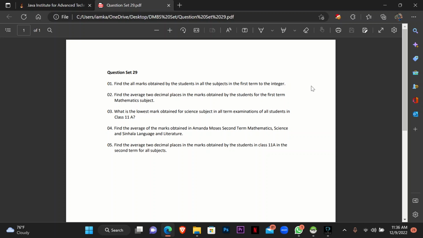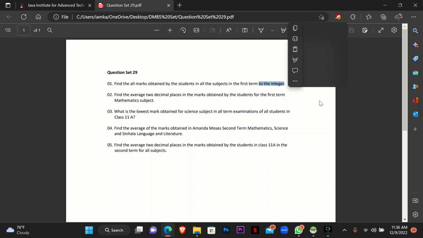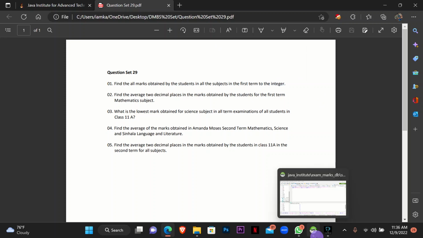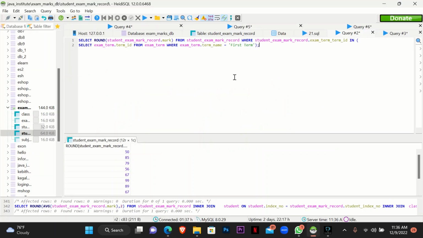When talking about the question, they are asking to find all the marks obtained by the students in all the subjects in the first term to the integer. Here, to the integer means we have to round the answers we take. When using the round function in database, we have to write ROUND.